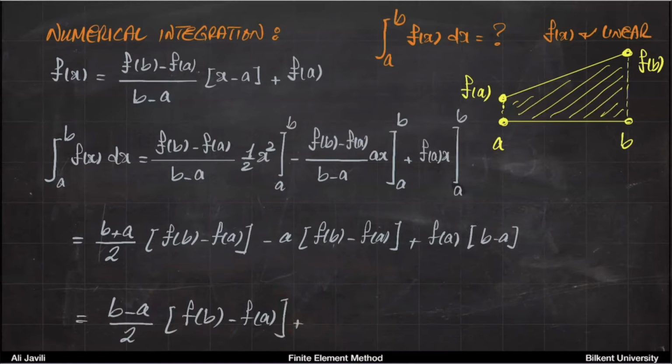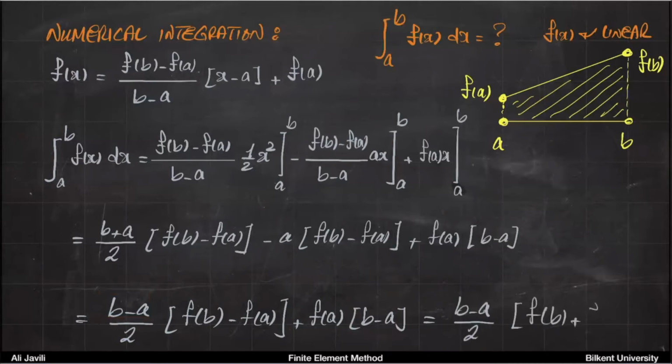And then the last term is fa times b minus a. Now if you look at it, you can combine these two together and you end up with b minus a divided by 2 times fb plus fa.